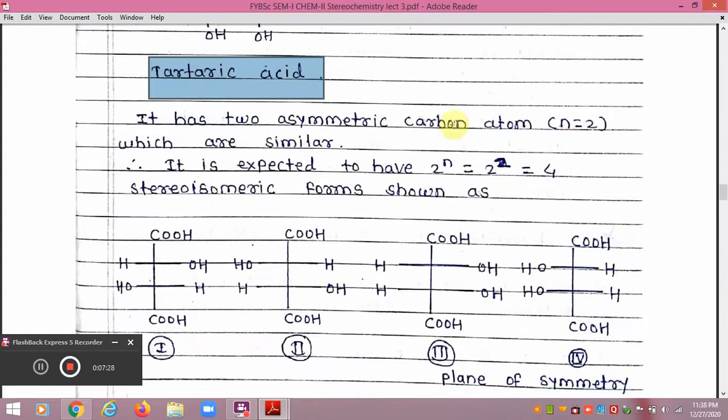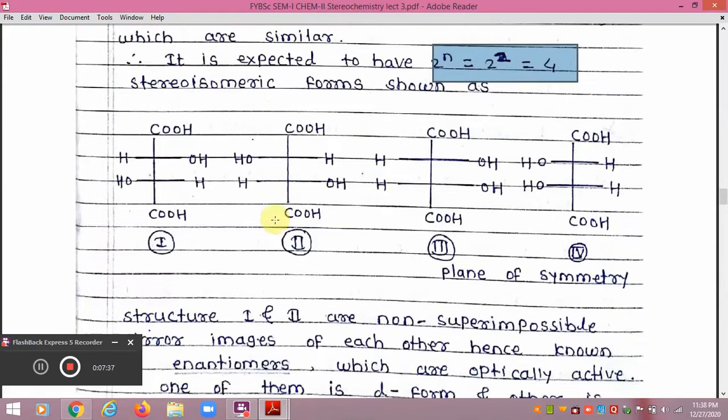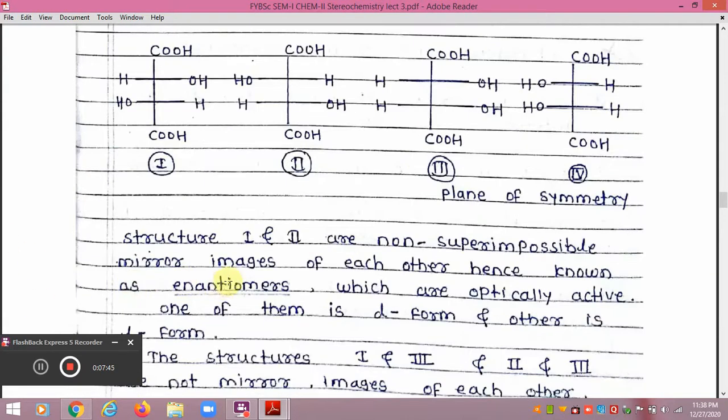It has two asymmetric carbon atoms which are similar, and therefore the expected number of stereoisomers will again be 4, and these 4 possible stereoisomers are 1, 2, 3 and 4. If you see structure number 1 and structure number 2, these are non-superimposable mirror images of each other, hence these two are called enantiomers.